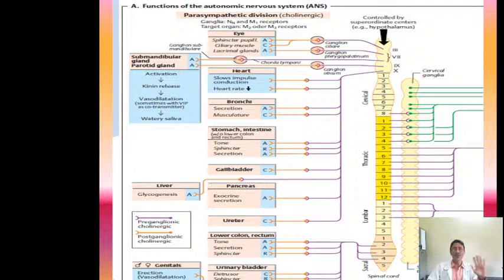Basically, this is the general golden principle. First, all the secretions are increased. The gastric secretions are increased, the intestinal secretions are increased, the pancreatic secretions are increased, the salivary secretions are increased. Let it be the submandibular gland or the parotid gland or the bladder, you will find that there is a contraction of the bladder. So this is about the secretion.